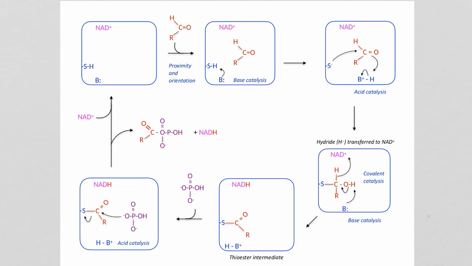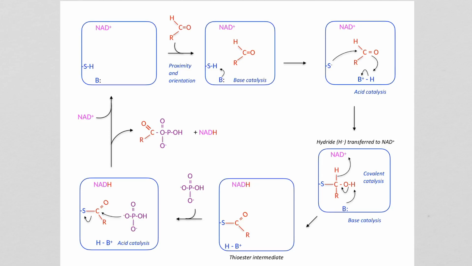In the next step, the base or the histidine will accept this hydrogen that will make this sulfur into a S-, a very strong nucleophile, and this S- will now attack this carbon, which is slightly positively charged because the oxygen attached to it is negatively charged. In this case, the histidine will donate a hydrogen, and therefore this will be an acid catalysis strategy.